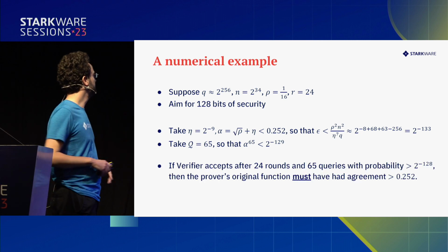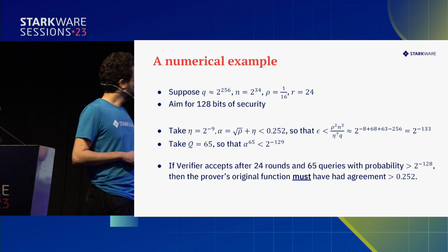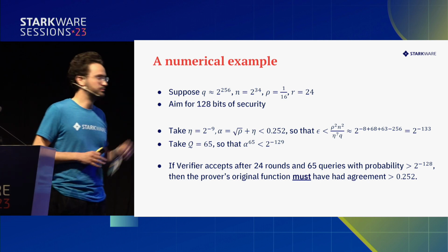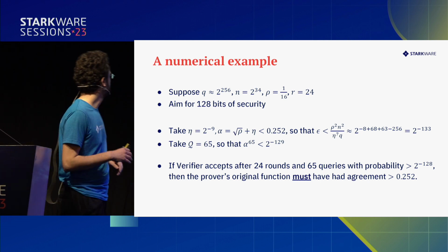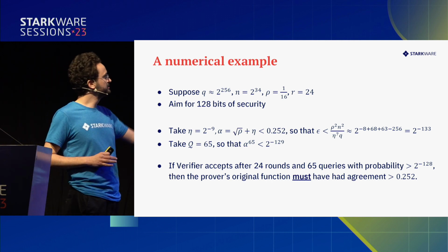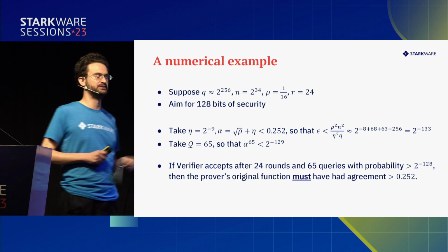So putting these things together, if the verifier accepts with probability greater than 2 to the minus 128, then the prover's original function must have had agreement greater than this alpha, which is more than 1/4.